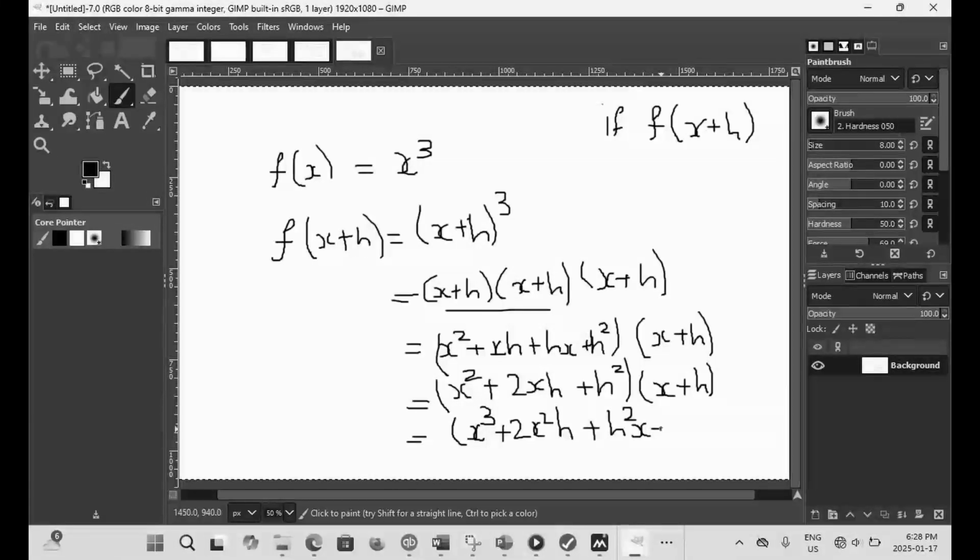Notice there's a positive sign over here, plus x squared h, plus 2xh squared, plus h cubed.